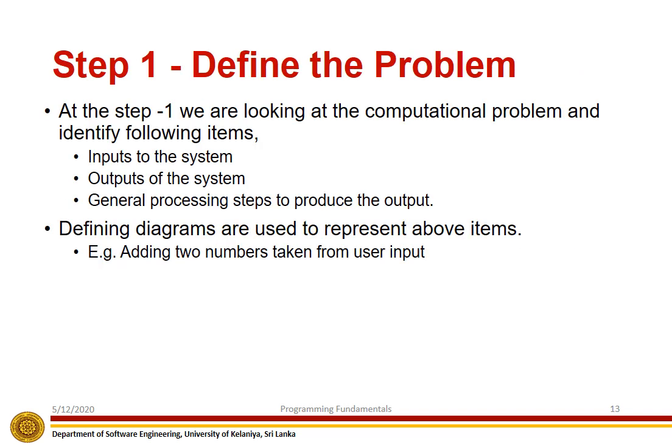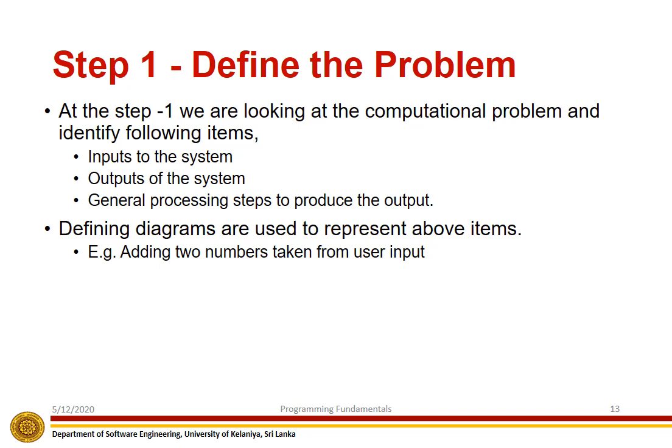Now we will see the first step, define the problem. If we get a problem to solve using a computer program, first we need to identify the input to the system. For example, think I have given you 2 numbers and you have to get the total of the 2 numbers. Then what are the inputs? Inputs are the 2 numbers, number 1 and number 2. Then you have to identify the required output.